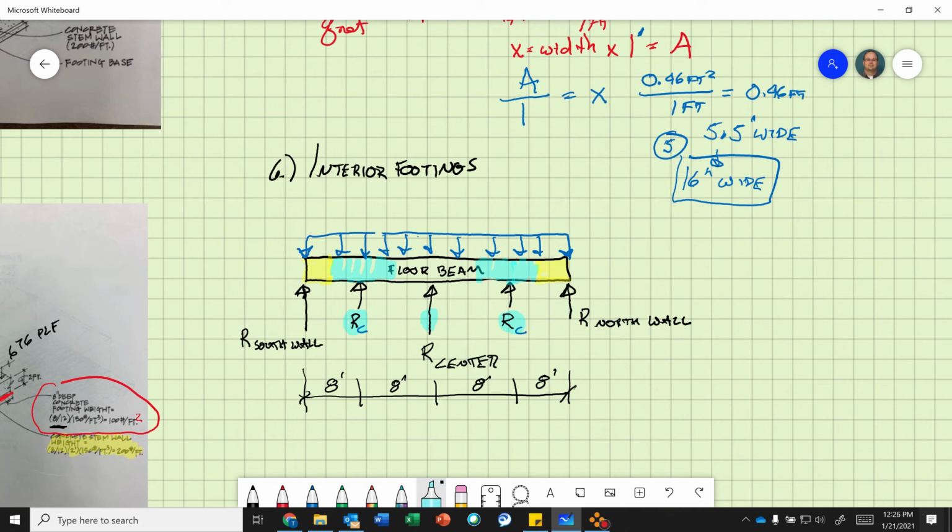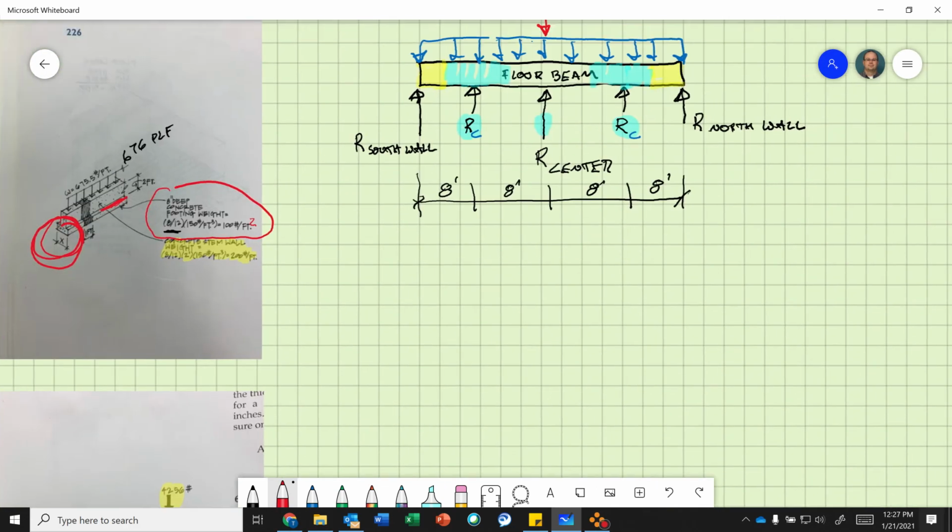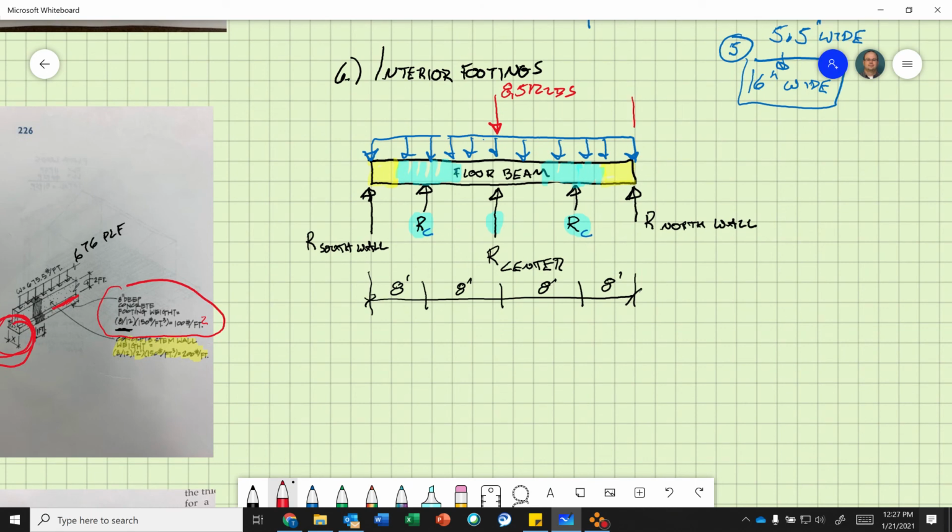However, don't forget, what do we have here? Don't forget we have 8,512 pounds from the column that has to transfer through, right? Remember this, 4,256. And we have a point load here, 4,256 pounds.